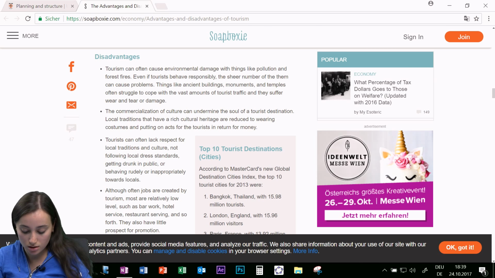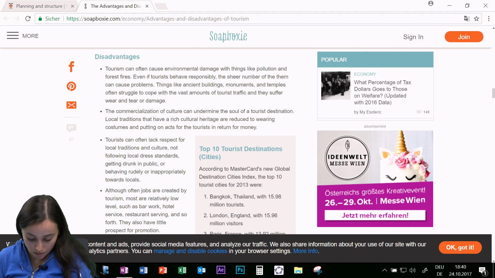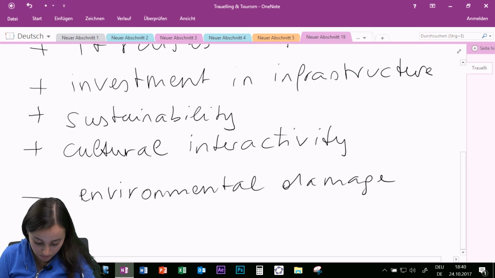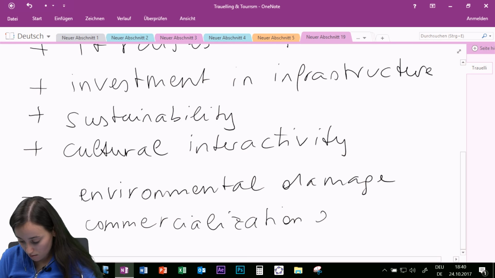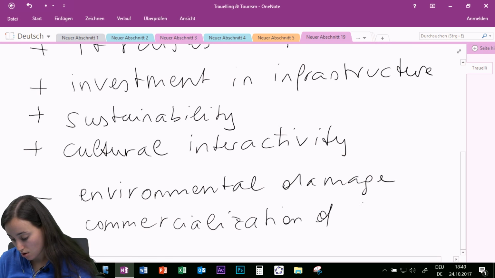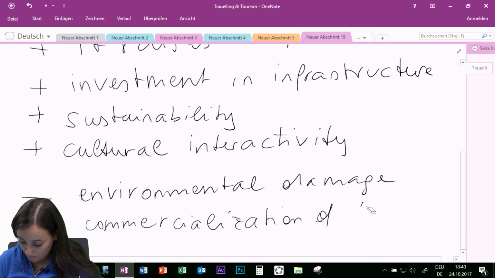Local traditions that have a rich cultural heritage, Erbe, are reduced to wearing costumes and putting on acts for the tourist in return of money. So, commercialization of culture.